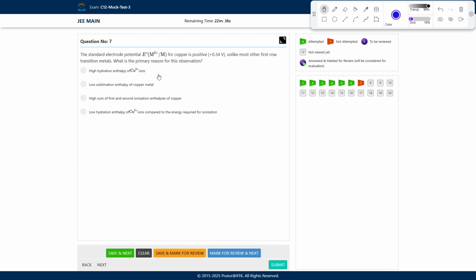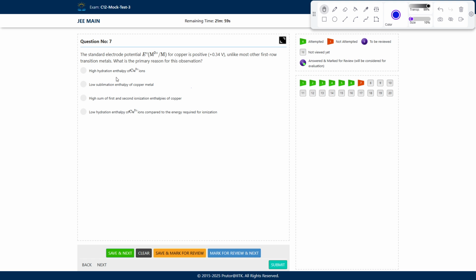The four statements given are: hydration enthalpy of copper 2 positive ions, low sublimation enthalpy of copper metal, high sum of first and second ionization enthalpy of copper, and low hydration enthalpy of copper 2 positive ions compared to the energy which is required for ionization. So you have to understand each and every option, then you can choose the correct reason behind this positive sign of E naught value.